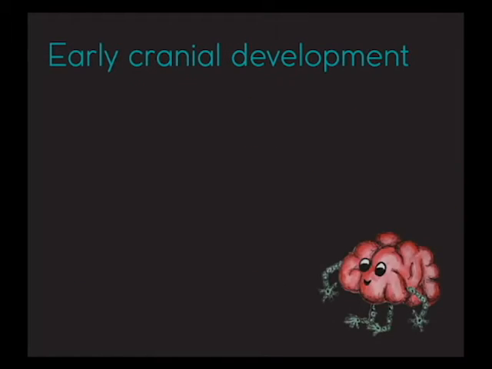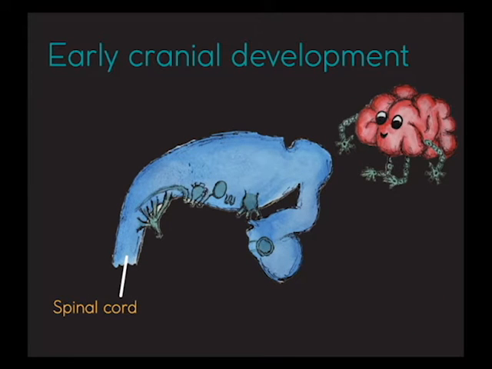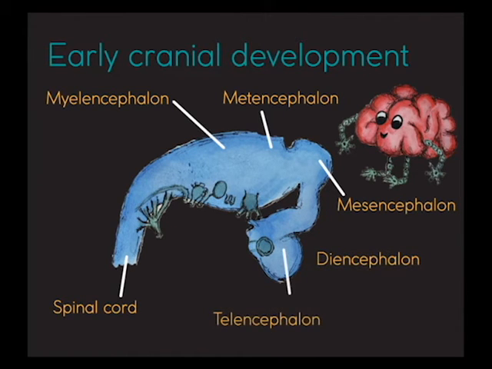By the 5th week, the original 3-part brain has become subdivided further into 5 parts. This includes the spinal cord, the myelencephalon, the metencephalon, the mesencephalon, the diencephalon, and the telencephalon.